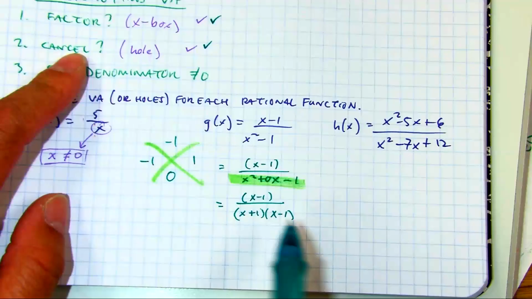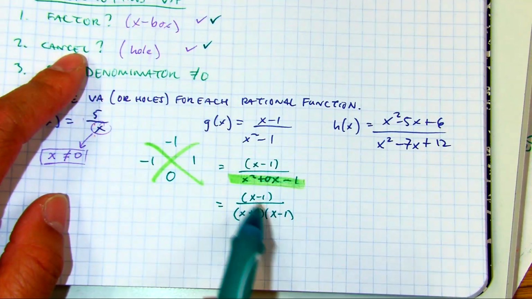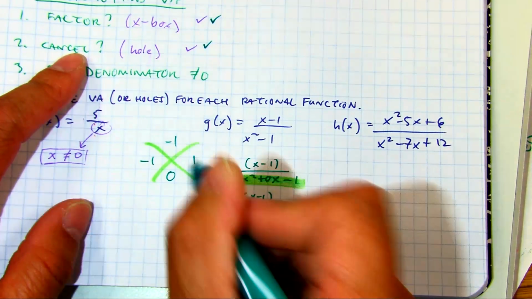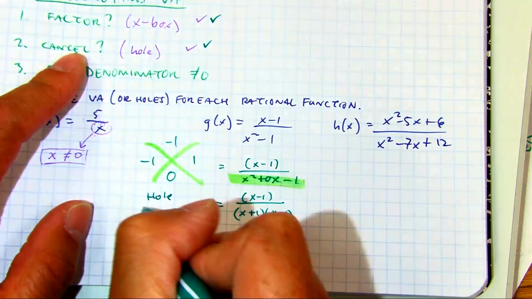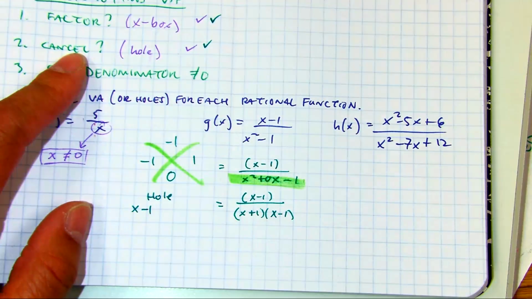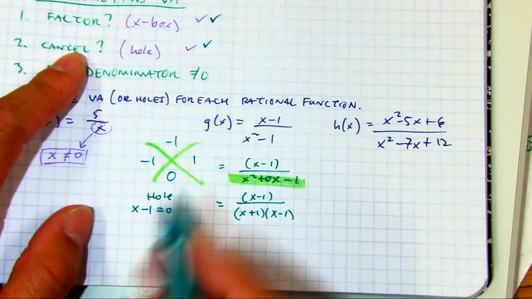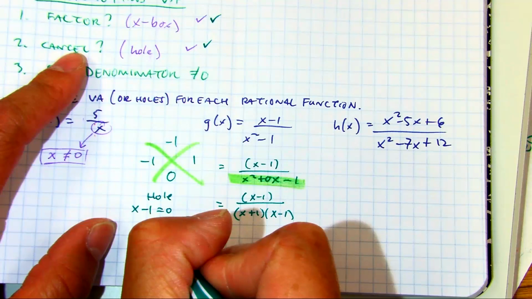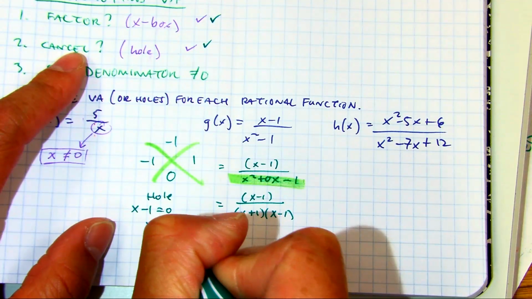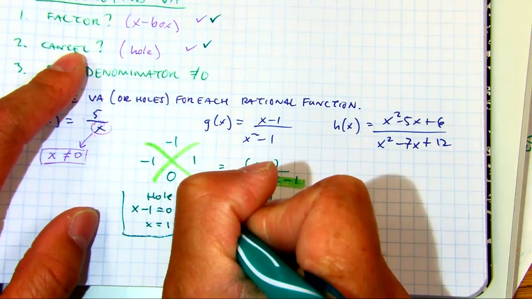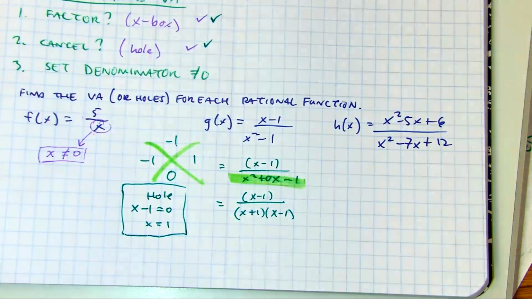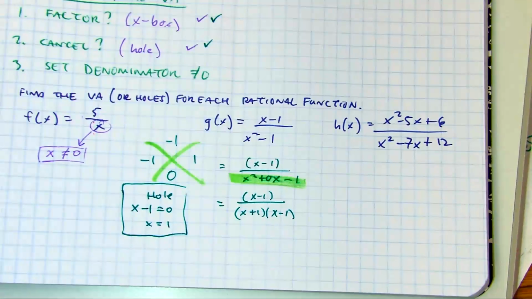Okay, so watch this. The canceling is the x minus 1s, yes? So we can say a hole is at x minus 1 equals 0. And if you solve for x here, you get x is equal to 1. There is going to be a hole, a donut hole, at x equals 1.